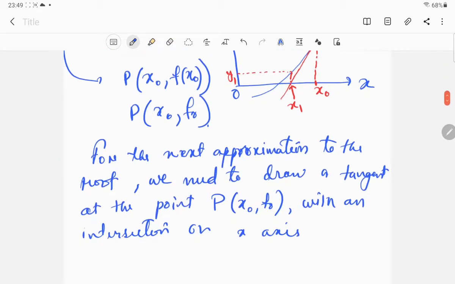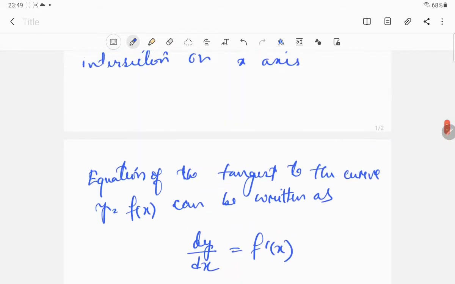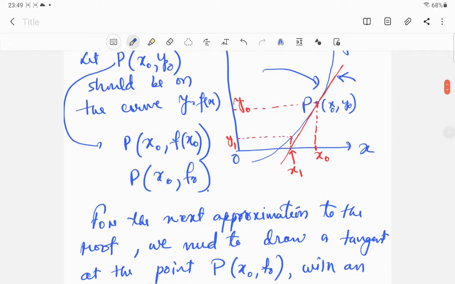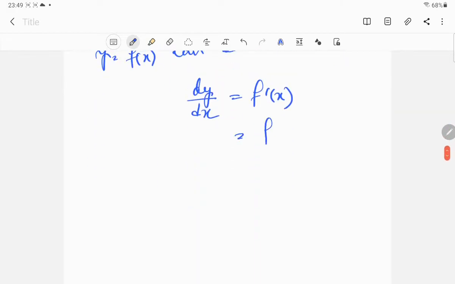We need to write this equation. The slope is basically dy/dx, and that is nothing but f dash x. But since we have drawn the tangent at this point P, where x equals x naught, obviously we will write it as f dash x naught. So this is dy/dx.